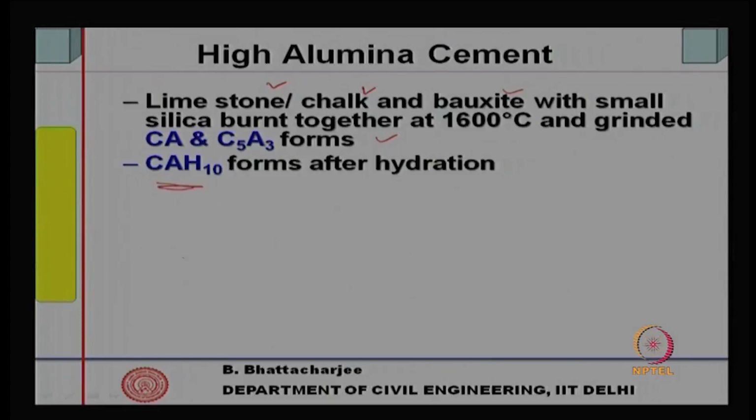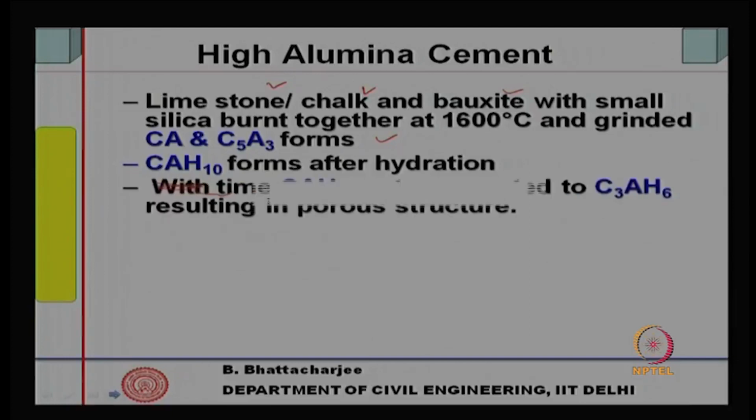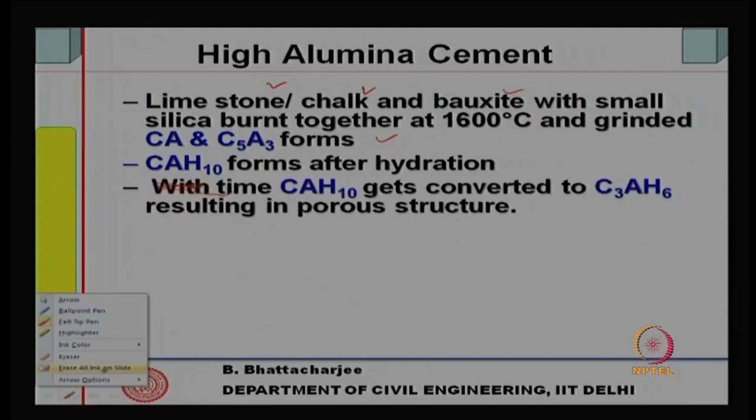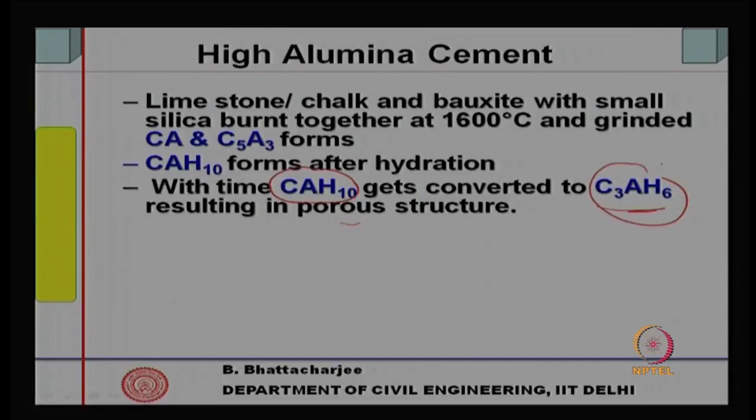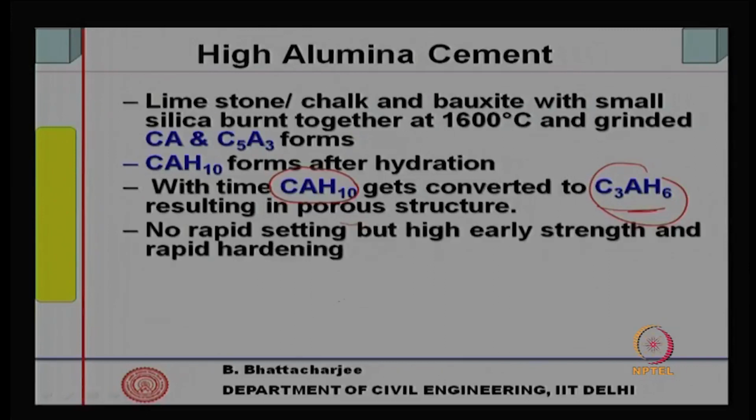The first product formed after hydration is CAH10, slightly different from what we used to get earlier, but this product is unstable and it gets converted into C3AH6 finally. Since the final product occupies less volume than the original material, it causes what is called extra porosity. It results in porosity in the final hardened structure because of this phenomenon known as conversion.